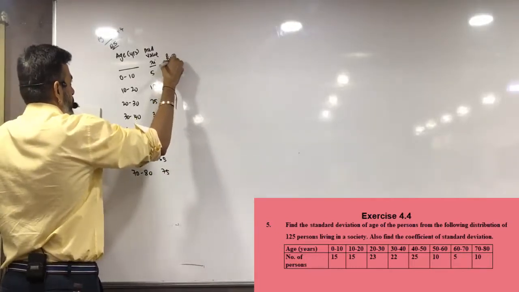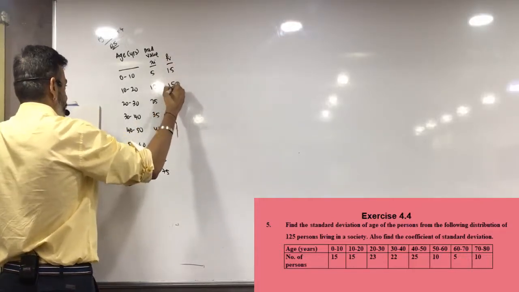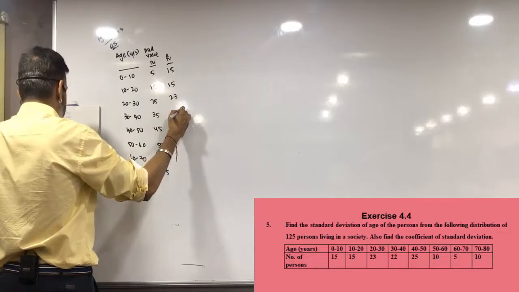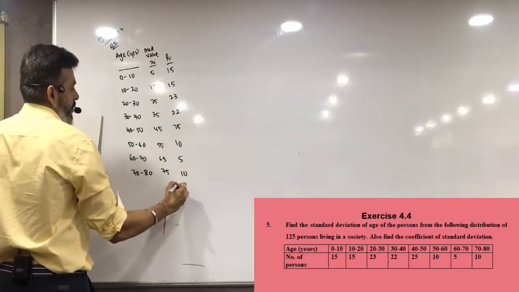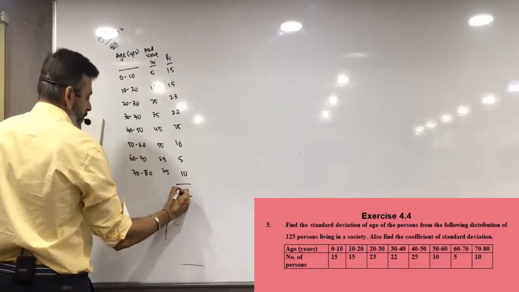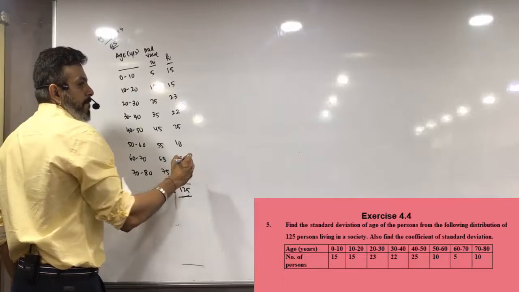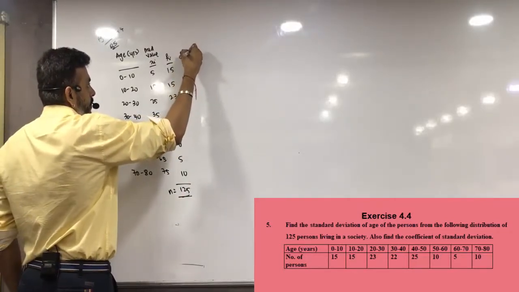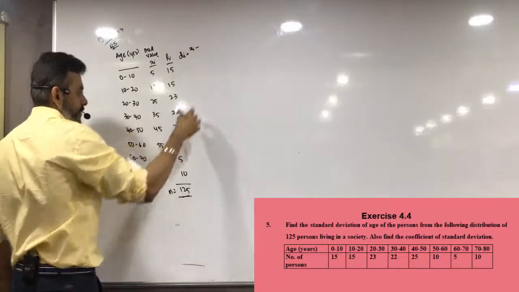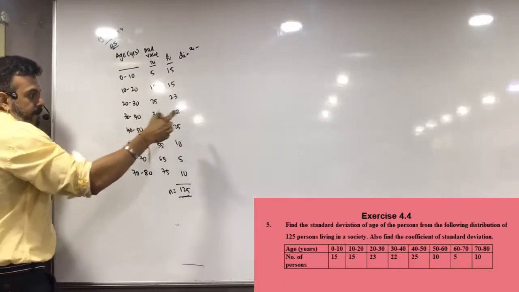Fi: 15, 15, 23, 22, 25, 10, 5, 10. N is equal to 125. Now, di is equal to xi minus a, assuming 45.